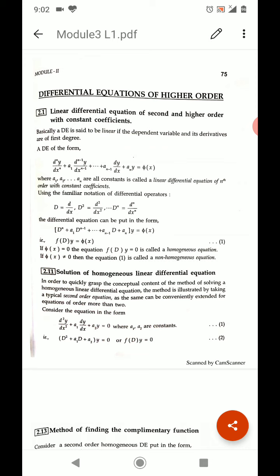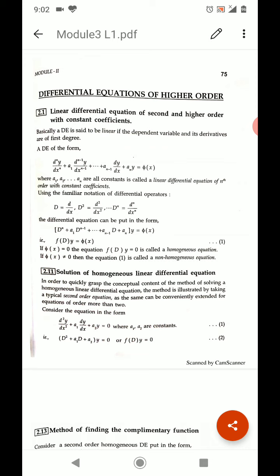Here y is a common factor, therefore we will keep it outside the bracket, which is equal to φ of x. So this term within the bracket is considered as f of D. Therefore, the above equation becomes f of D into y equal to φ of x.